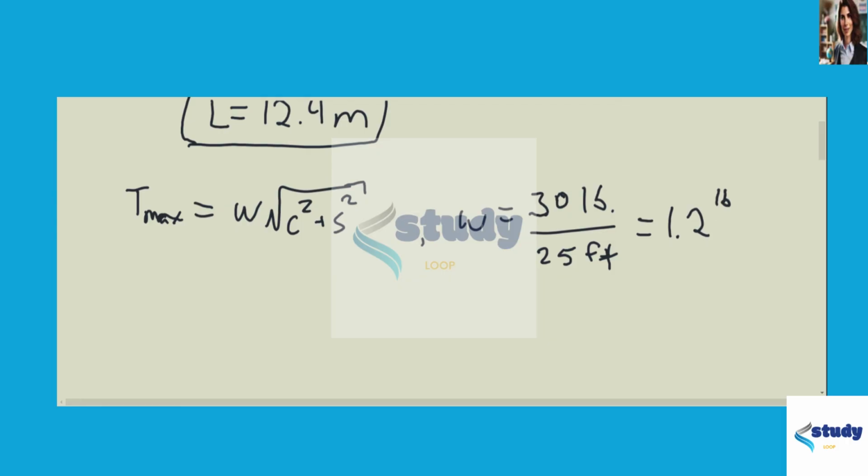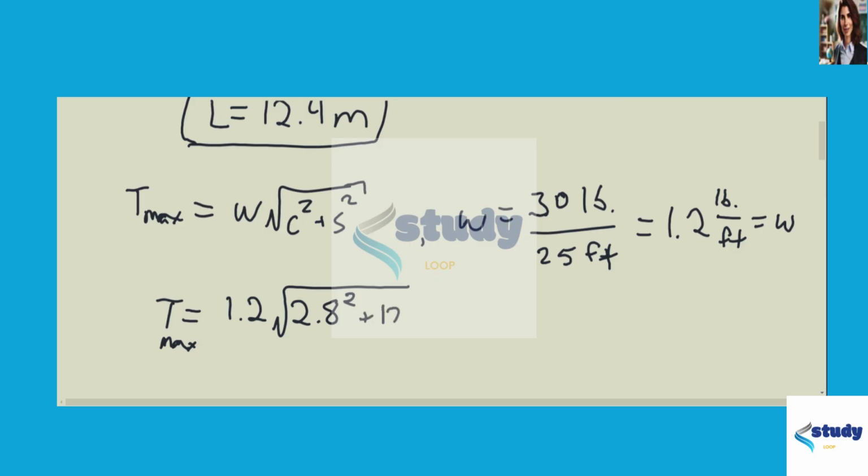And because we have C and S, which we solved for above, we plug this in, and we find that the maximum tension is equal to 1.2 times the square root of 2.8 squared plus 12.5 squared, which gives us 15.38 pounds.